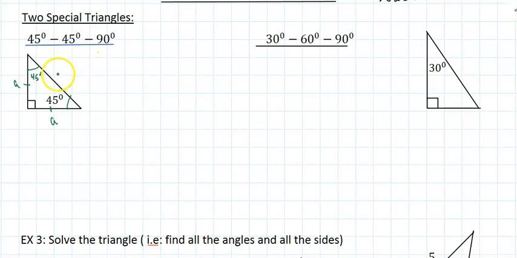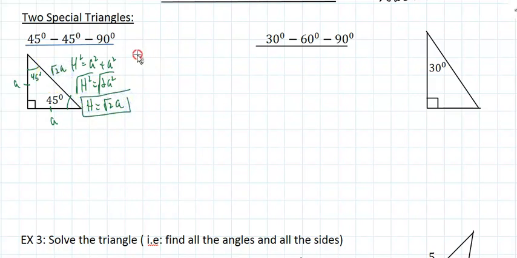And I know that the hypotenuse squared would be the first side squared plus the second side squared. And the hypotenuse squared would be 2a squared. And if I take the square root of both sides, I'll get a plus or minus. Ignoring the negative, that will be radical 2 times a. Now, what does that mean?